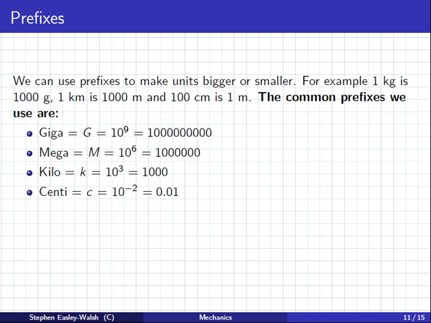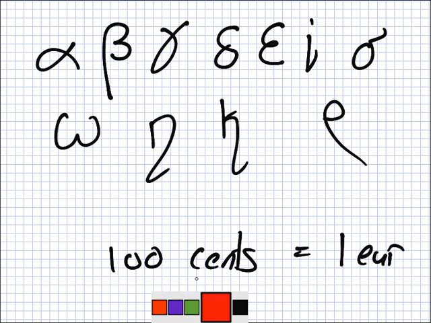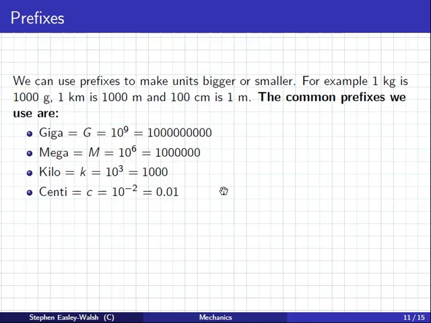You say 100 cents equals 1 euro. So yeah, maybe cent has the same root as centi. Oh. Yeah, maybe so.